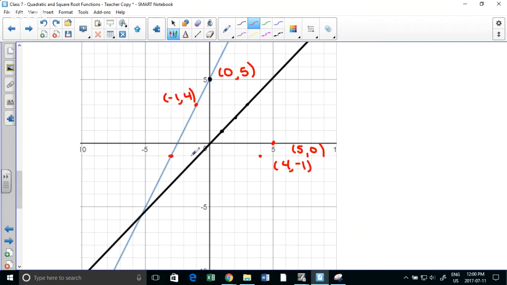Here I've got another one, -3, -1. So I'm going to have -1, -3. What about down here? Down here I've got -7 and -9. So on the new function, I'm going to have -9, -7.